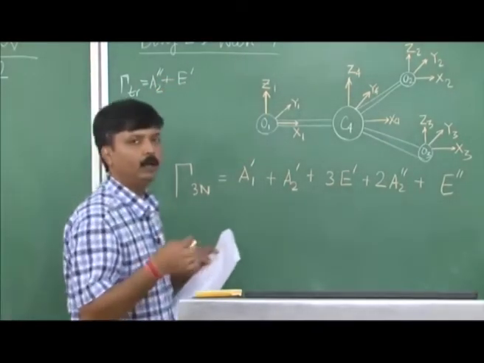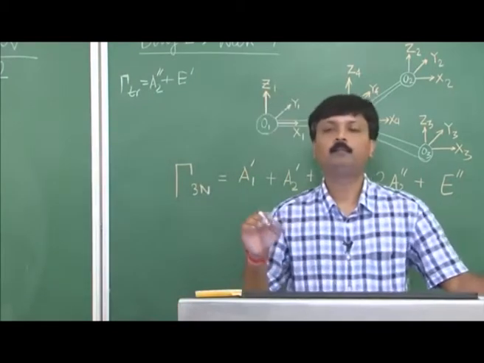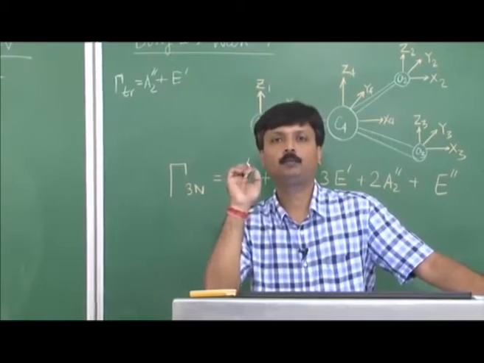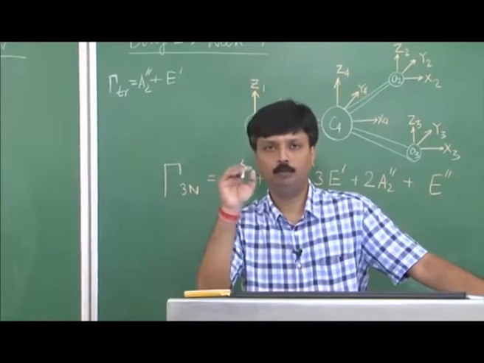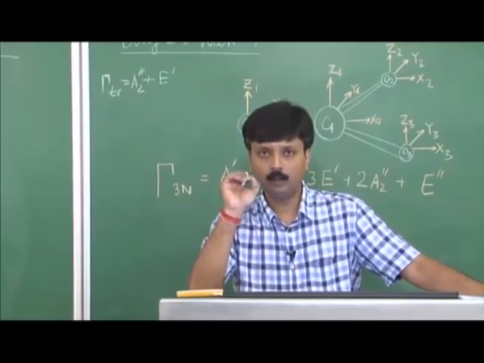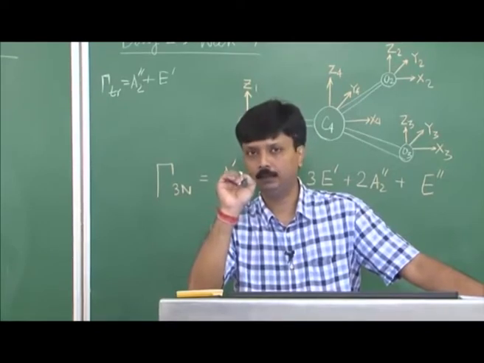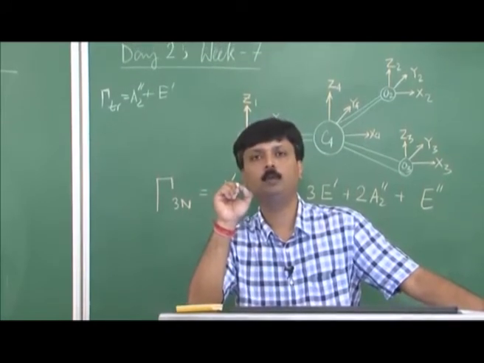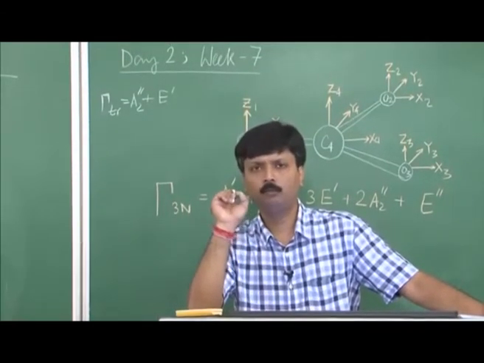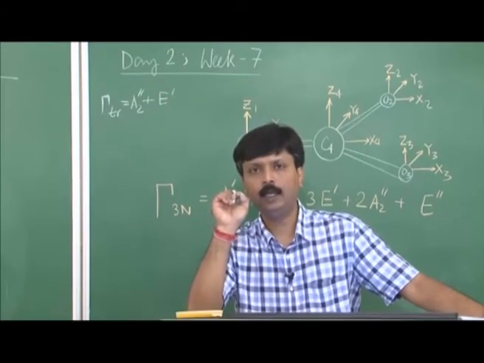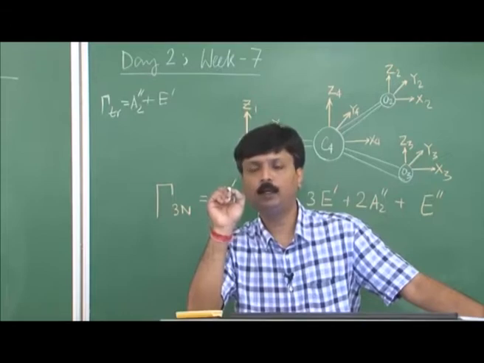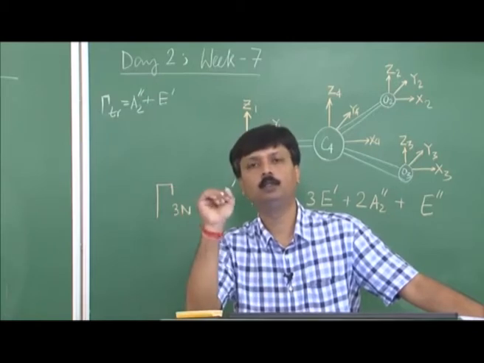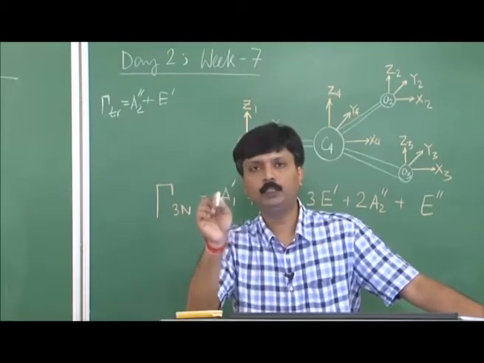So I will again tell this part. In order to find out which irreducible representation will correspond to translational motion, all you have to do is look at the character table, and particularly area 3, because area 3 gives you the linear basis functions x, y and z. Now in area 3, this x or y or z will be written beside one particular irreducible representation or another, and you have to find out which representations they are.